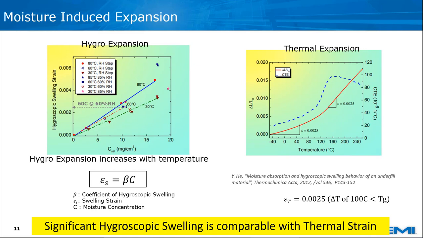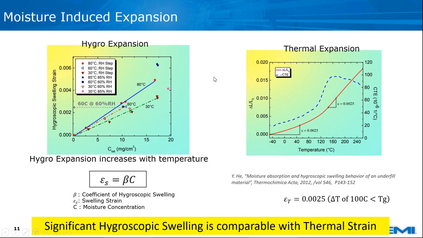To give you some perspective, the strain magnitude of 0.25% for this material is comparable to the thermal expansion caused by increasing the temperature of the same material, if it's dry, by 100 degrees, which is shown on the thermal expansion plot on the right.